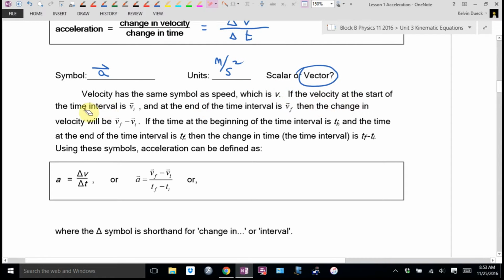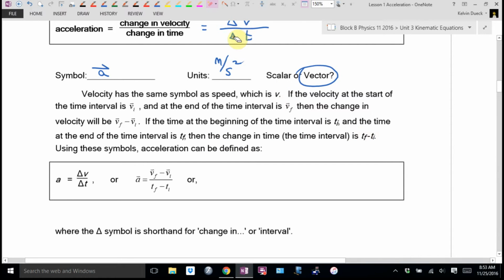If the velocity at the start of the time interval is vi, I stands for initial, and the velocity at the end of the interval is vf, what do you think F stands for? Final. Then the change in velocity will be final minus initial, v final minus v initial. And if I do the same thing for time, if I call it time initial and time final, then the change in time is going to be tf minus ti.